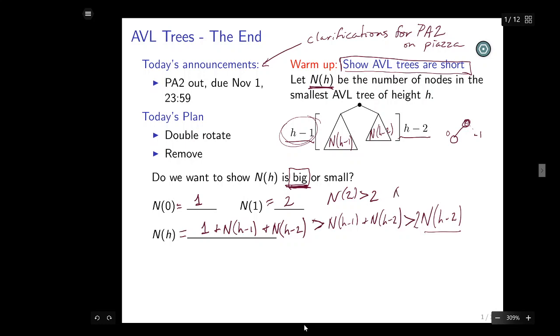What's n of 3? N of 3 is greater than 2 times n of 1, so 4. What's n of 4? N of 4 is greater than 2 times n of 2, so 4.